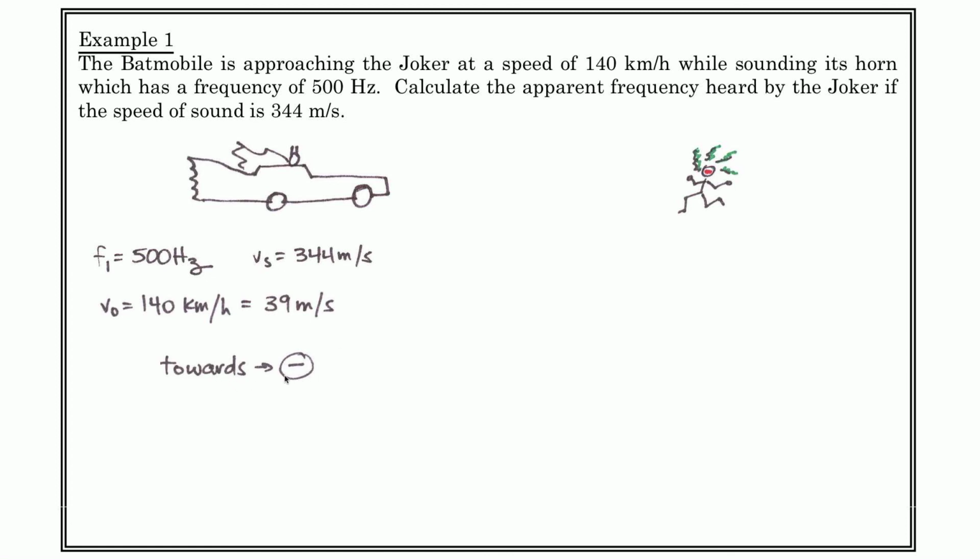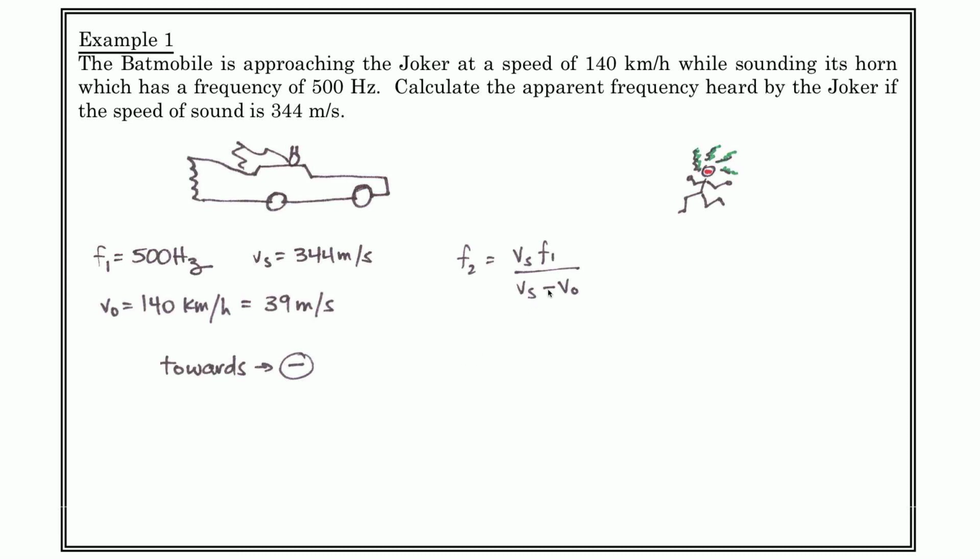It's moving towards the listener. The object is moving towards the listener, and so we're going to use a negative sign in the denominator. When you're setting up what you're given in the problem, this is another piece of information that you're given. So here's our formula. Now we've removed the plus or minus sign and simply replaced it. This is an important piece of communication because it indicates that we understand what's happening in the problem, so we'd always want to include this.